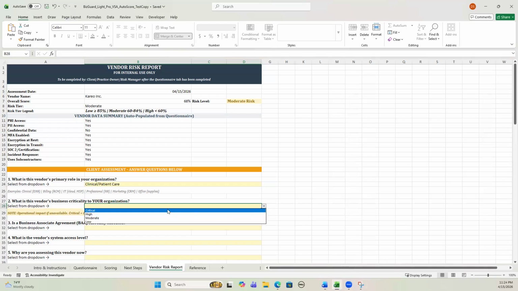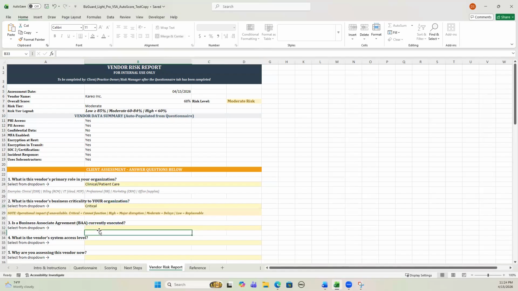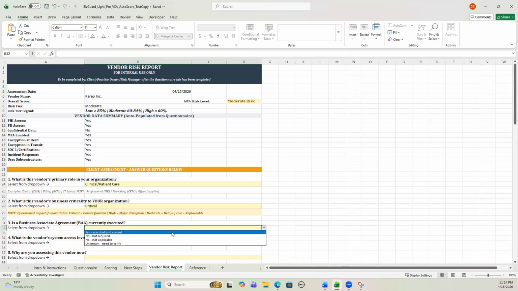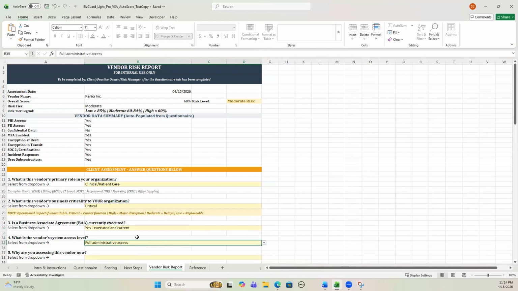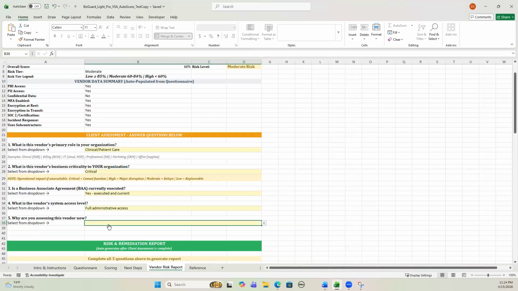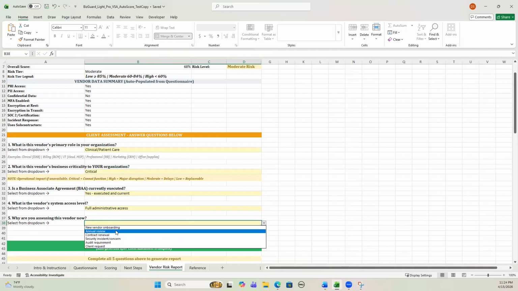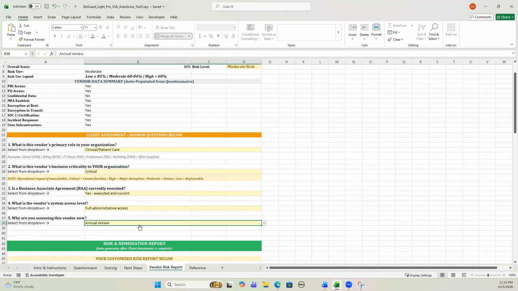We would say critical. Is the business associate agreement currently executed? We say yes. What is the vendor's system access level? Full administrative access. And why are you assessing this vendor now? We would say annual review. So it's renewal.